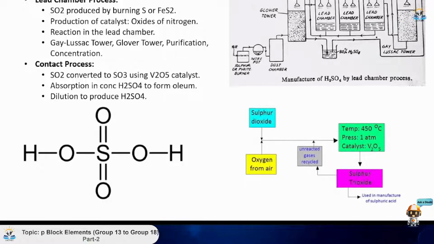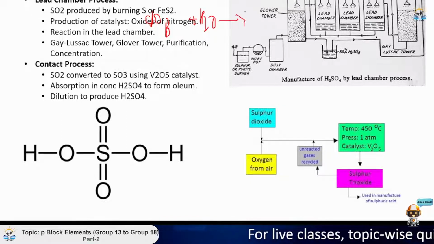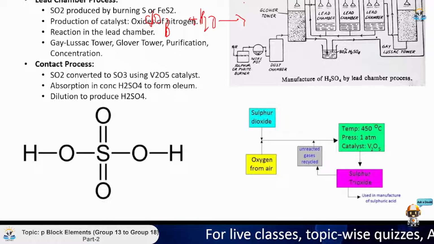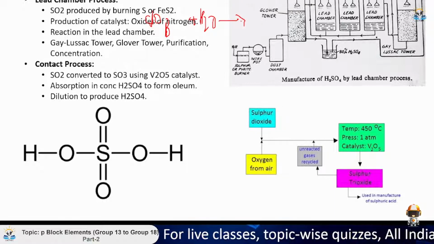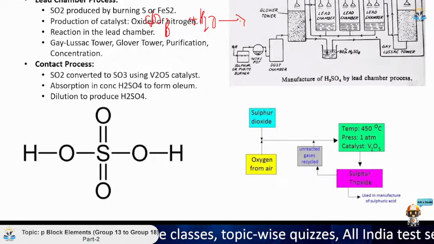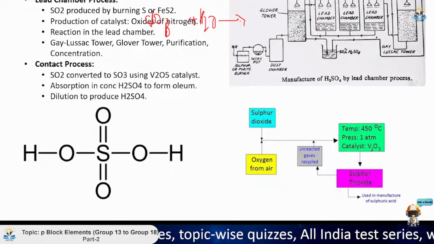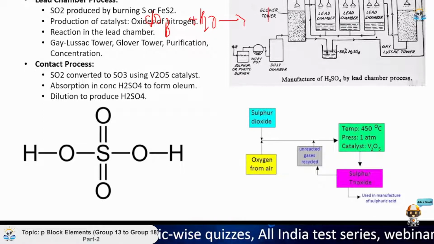In step two, this SO3 is hydrolyzed. When you hydrolyze it, you get SO3 plus H2O. Sorry, you don't hydrolyze it to get oleum. I mean, you can hydrolyze it, but then you get H2SO4 over here.